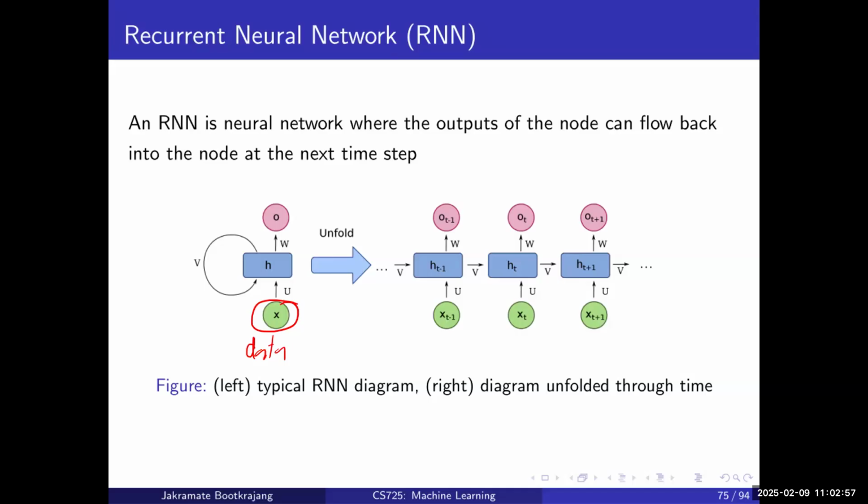And the output of the previous data will have some influence on the next data. So the data will have a timestamp to it, right? This can be a word, this can be a sentence. You can feed a sentence as the data, right? And the sentences that you feed will have an order.